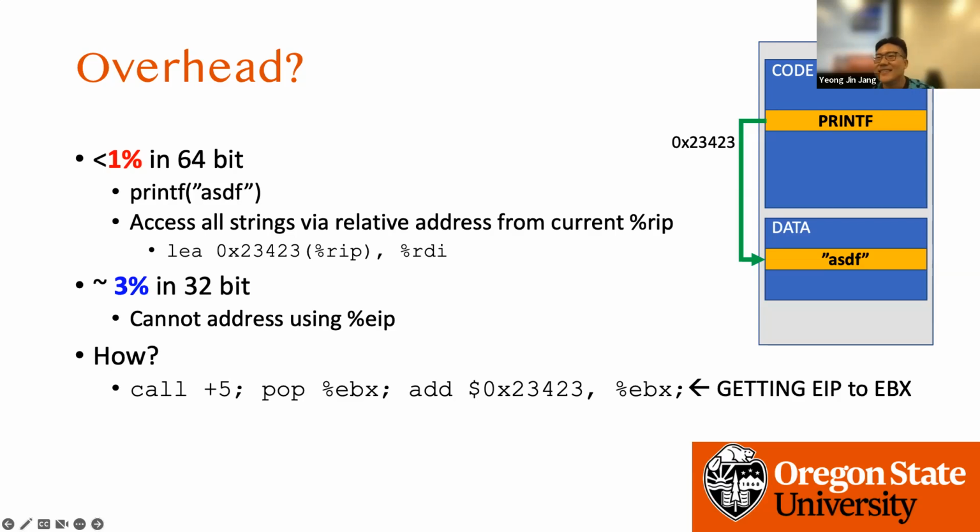Any questions? It could be different, but conceptually, ASLR does not have any kind of restrictions. The only restriction on Intel CPUs is that we cannot get EIP, so we need to do something like that.